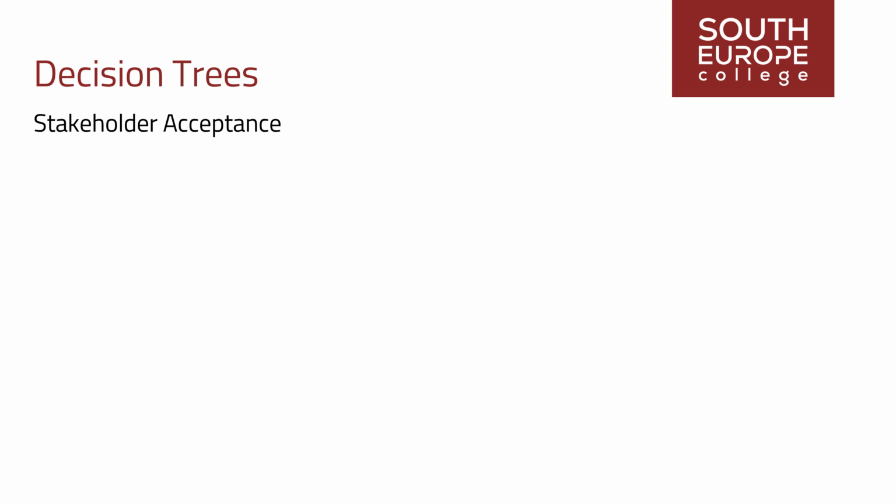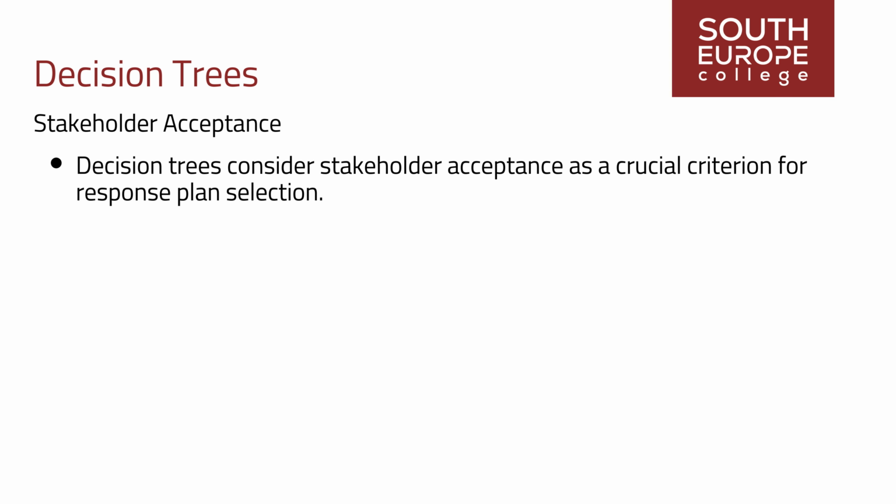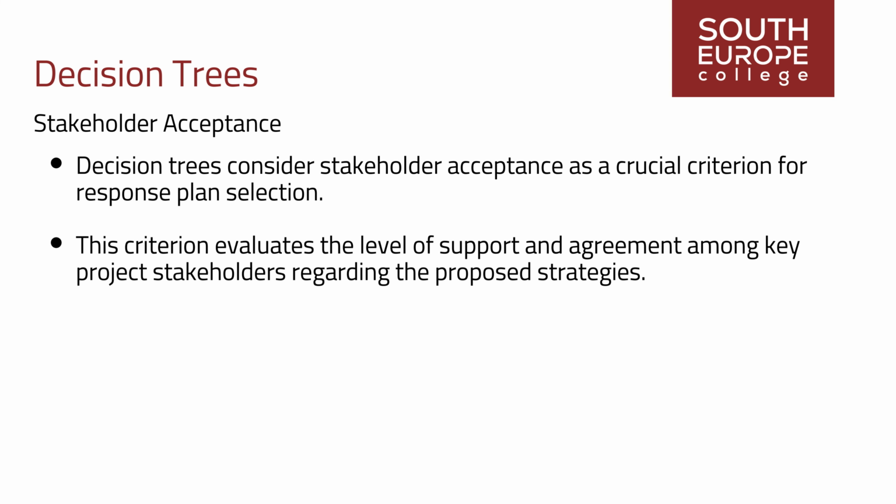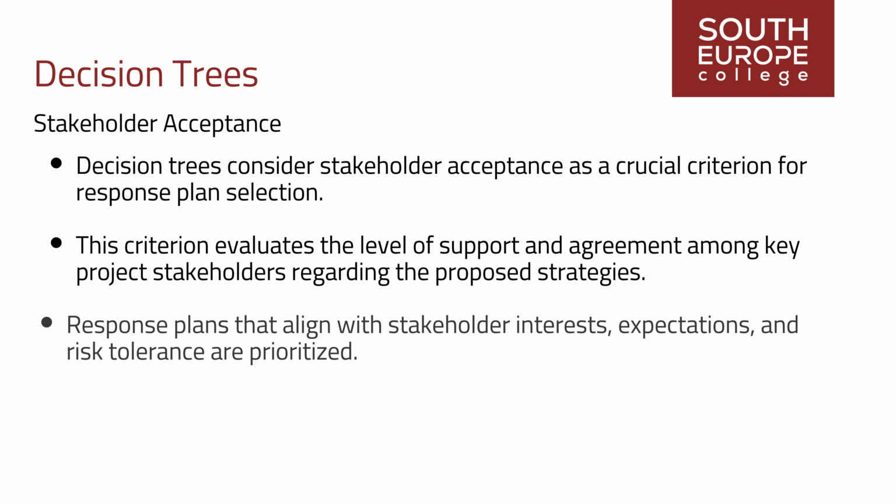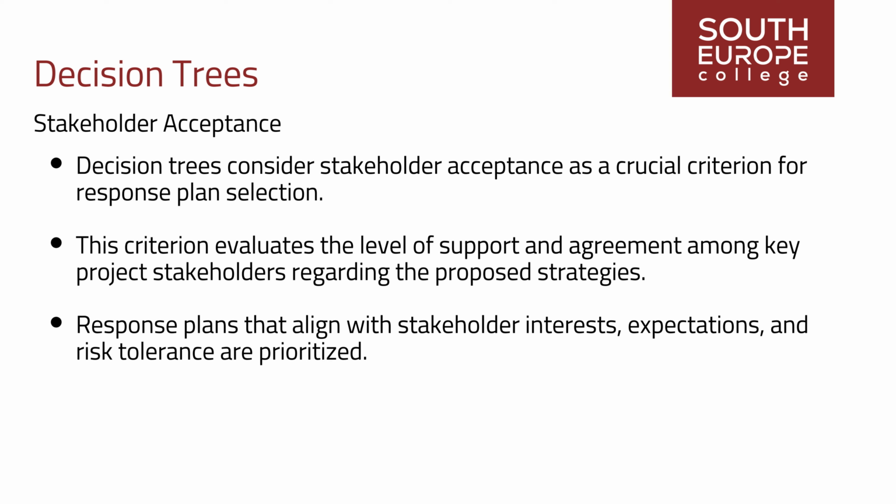Stakeholder acceptance. Decision trees consider stakeholder acceptance as a crucial criterion for response plan selection. This criterion evaluates the level of support and agreement among key project stakeholders regarding the proposed strategies. Response plans that align with stakeholder interests, expectations, and risk tolerance are prioritized.